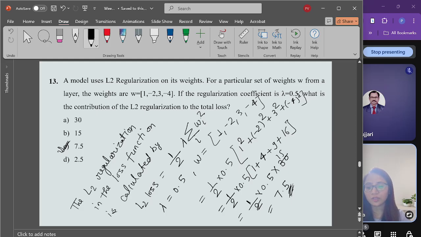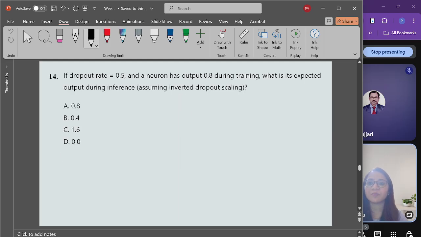Okay, so have you understood this question? I hope you have understood this question. Now our next question is: if the dropout rate is 0.5 and a neuron has output 0.8 during training, what is its expected output during inference?